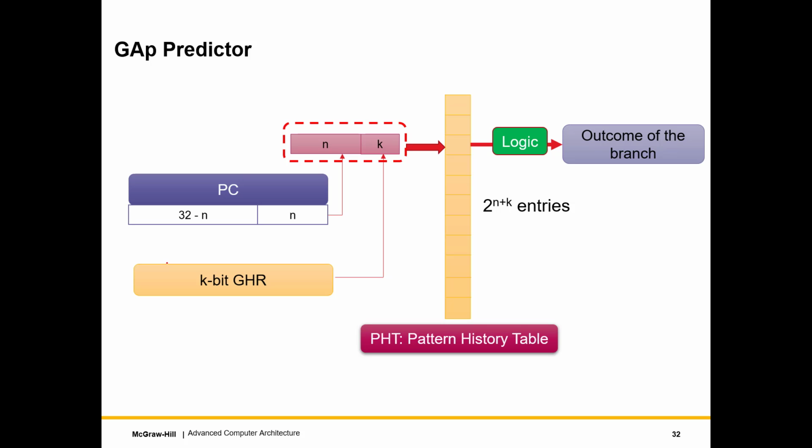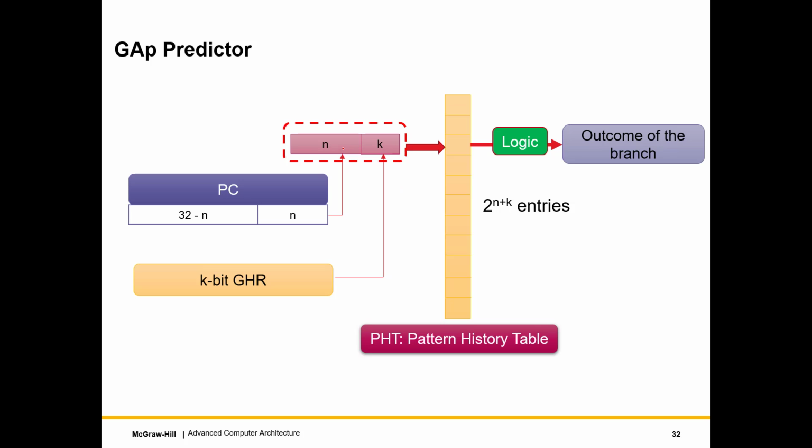So what do we do? Well, we make a GAp predictor. We'll mention why it is called a GAp predictor in some time. But essentially our idea is that we take n bits from the PC and we consider a k-bit GHR. In our example, k is equal to 2.